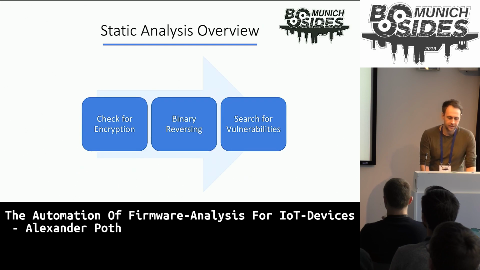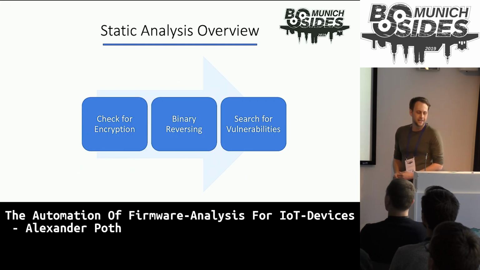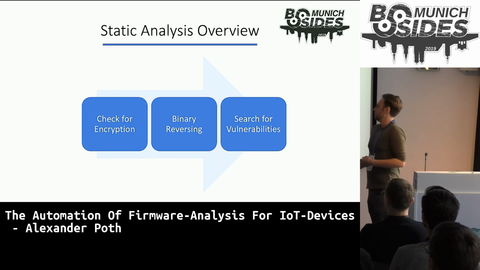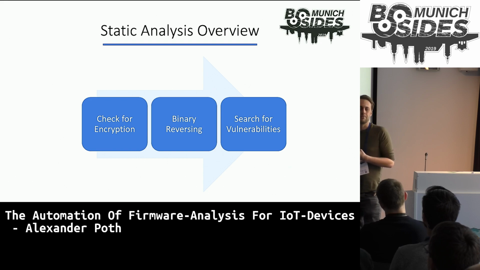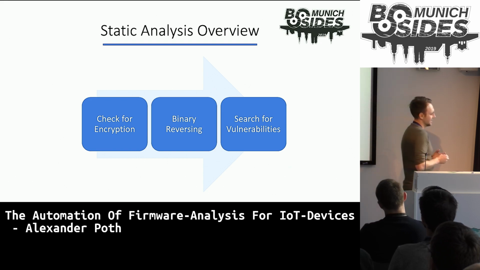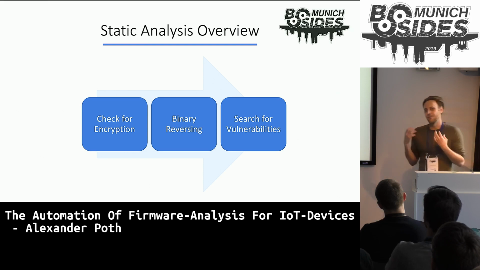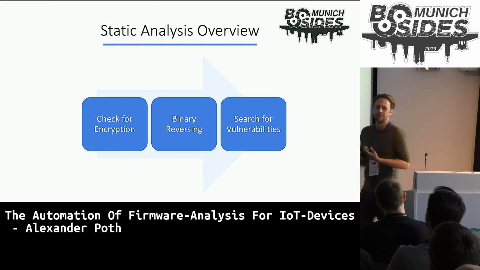So at first, I'd like to talk a little bit about the static analysis. What we are trying to do here, at first, is check whether our firmware is encrypted or not. Because if the firmware is encrypted, it will be very hard to get any information out of it, right?